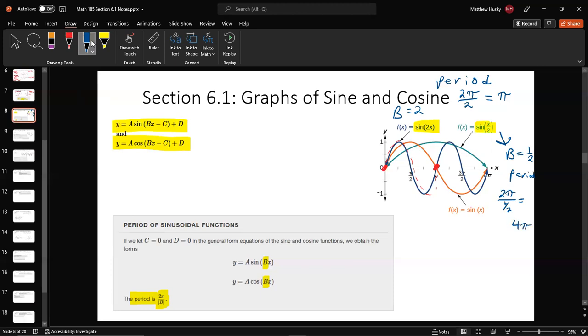That's why when you go to 2 pi, you've only got half of a cycle, because you're only getting the upper part and not the lower part. But that is how the value of B affects the graph. It will alter the period. The standard period is 2 pi. If you divide by the value of B, that will tell you the new period.